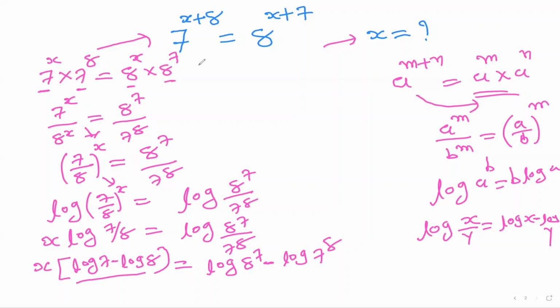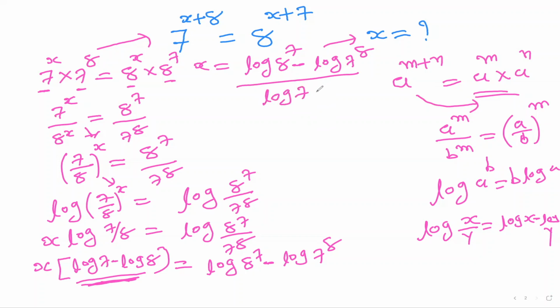So my x is going to be log 8 power 7 minus log 7 power 8, everything over log 7 minus log 8, since this bracket is going to the other side, so the multiplication becomes division.